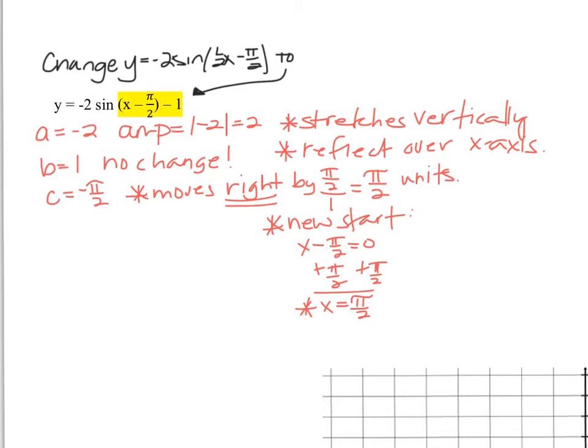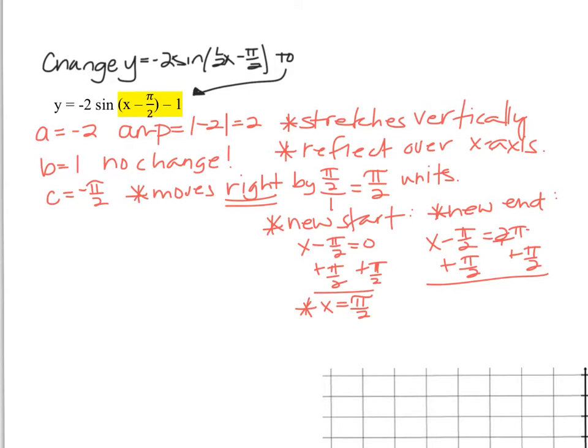To figure out where the graph ends, remember we said set whatever the parenthesis is equal to 2 pi, and then work backwards to solve for x. Here to get x by itself, again, we're going to add pi over 2. But if I add pi over 2 to 2 pi, I want to keep this a mixed or an improper fraction if possible. 2 pi would be the same as 2 over 1 pi.